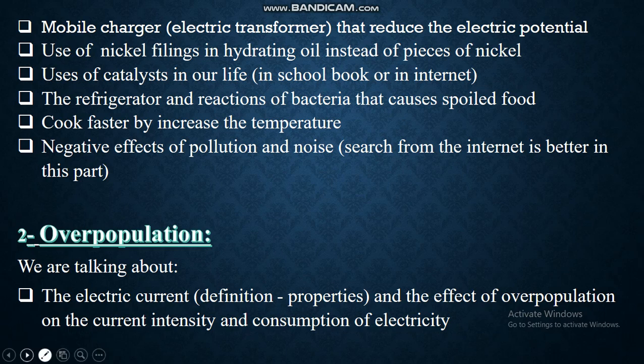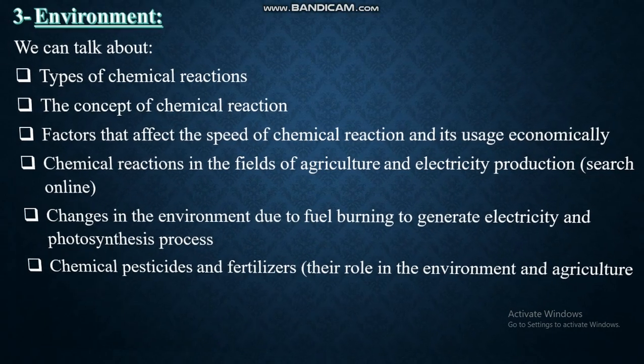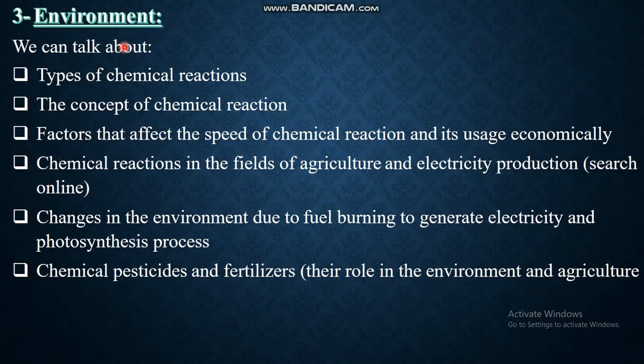Next, research on environment. We can talk about types of chemical reactions, because he asked about this, the concept of chemical reaction, factors that affect the speed of chemical reaction, and its economic usage. How can we use this economically?